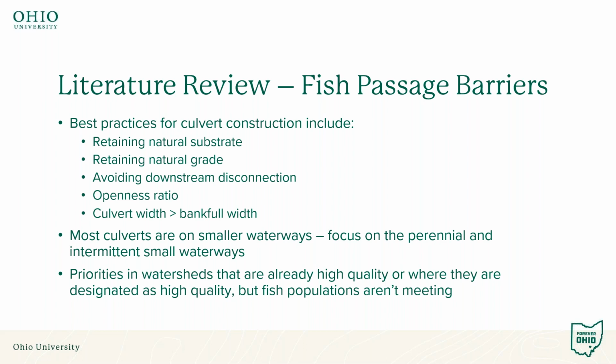So this goes to the idea that a small, confined, long culvert is going to be worse for fish passage than a more open, shorter culvert. Also, having the culvert width be greater than the bank full width, so not having that culvert be a restriction in the cross section of flow or a restriction in the stream, also improves fish passage.